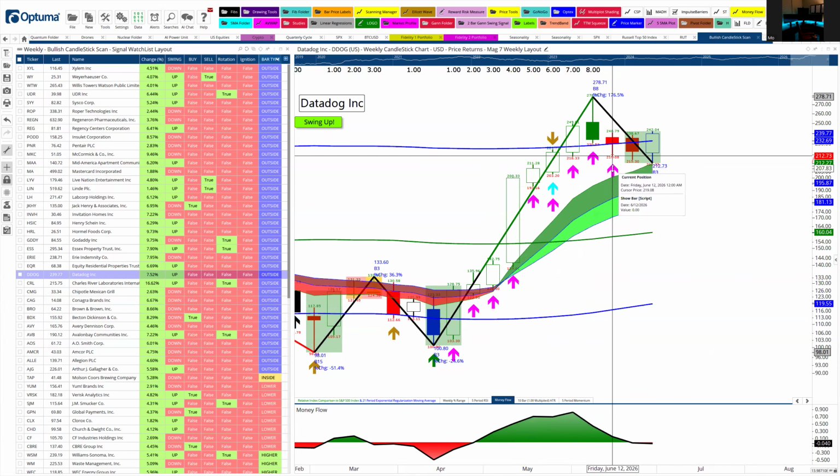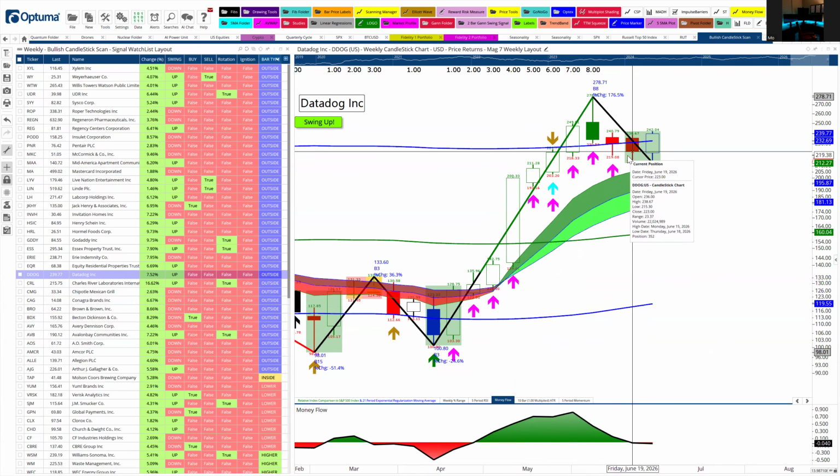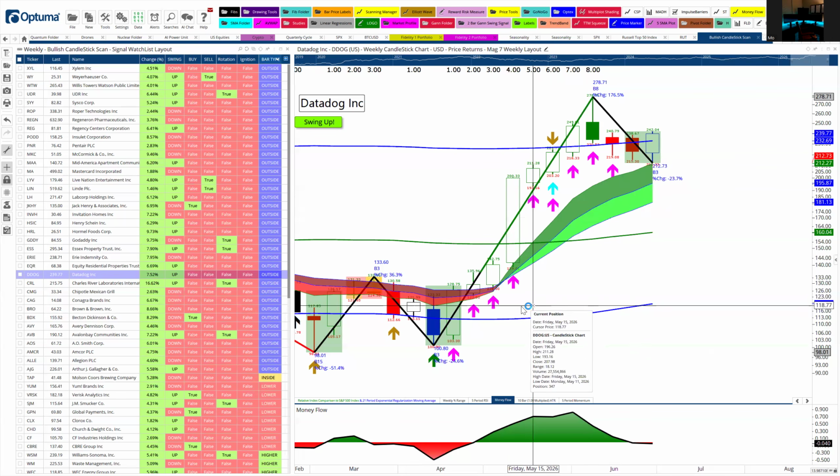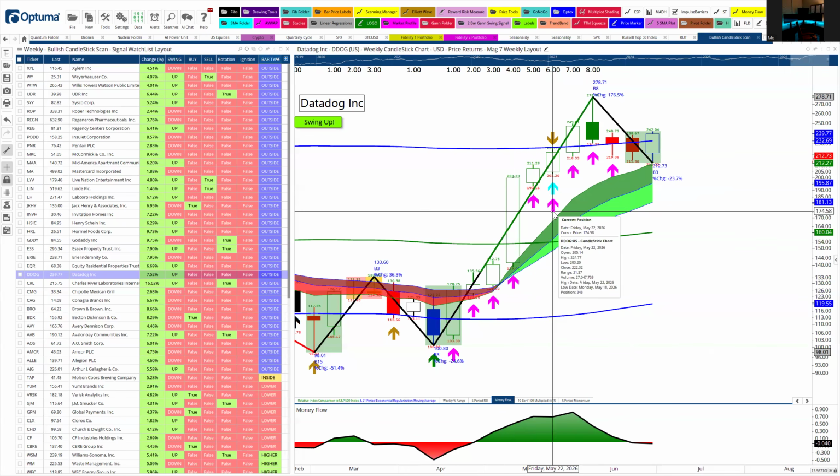Wherever the pink arrow stops, that's the next, we just get out. It can fail here, it can fail here, it can fail any week. But as long as it's there, you stay in the trade.